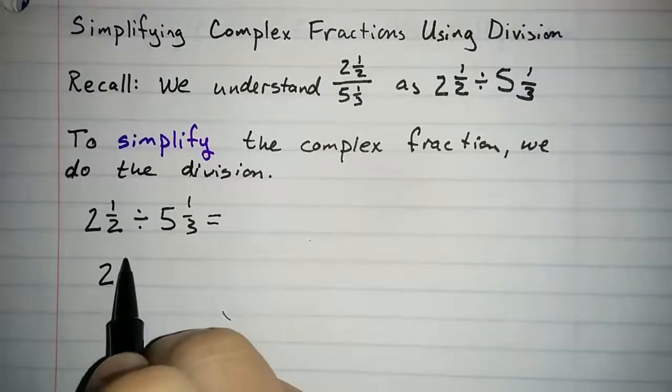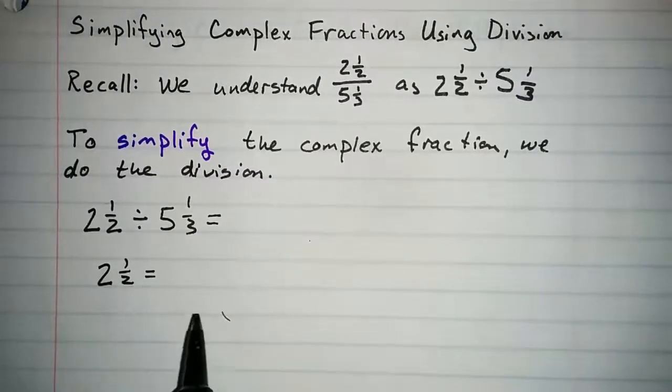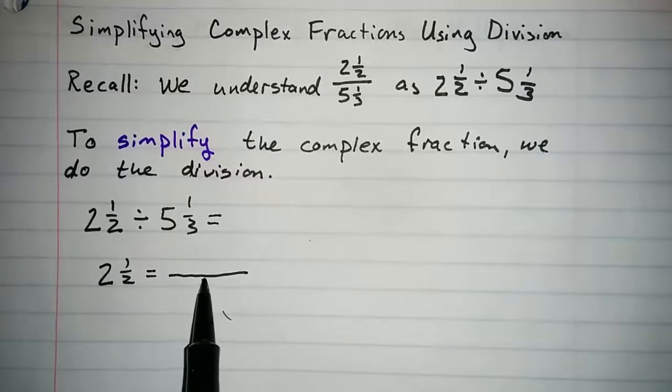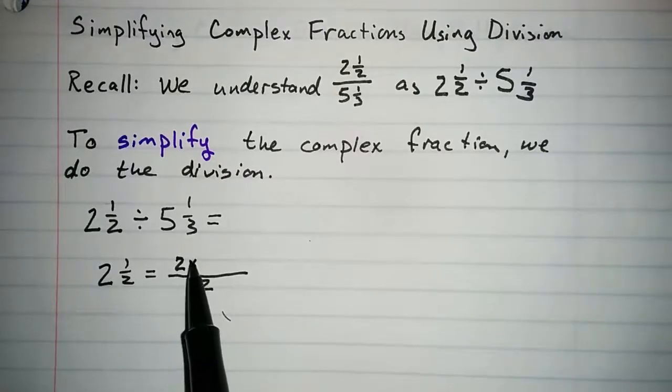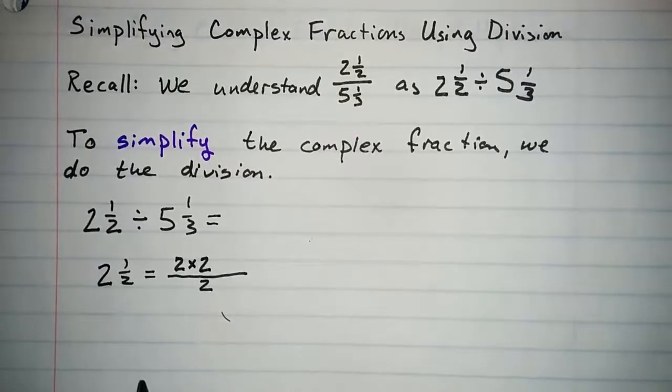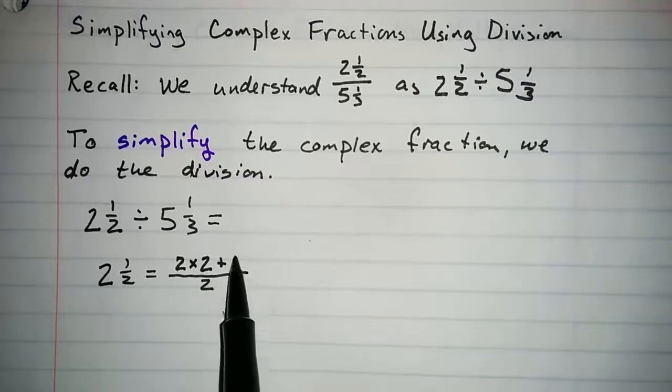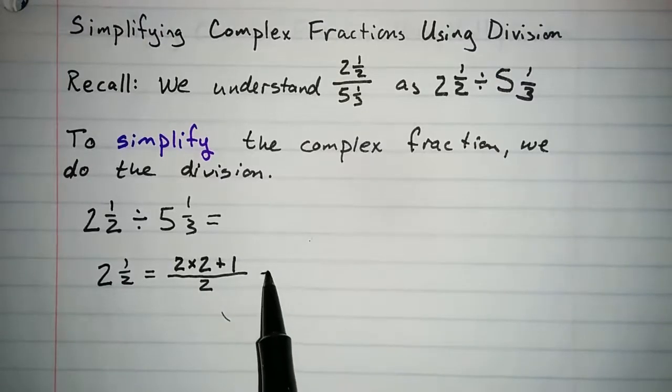So I'm going to say 2.5. That's going to be some number of halves. How many? Well, 2 whole things. Each one gets cut into 2 equal parts. And then I add in the half that I started with.